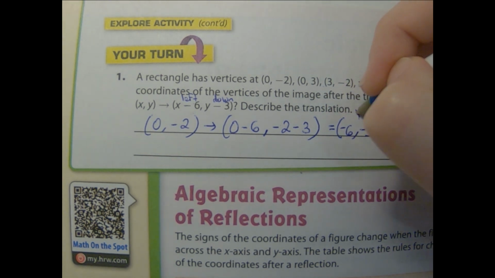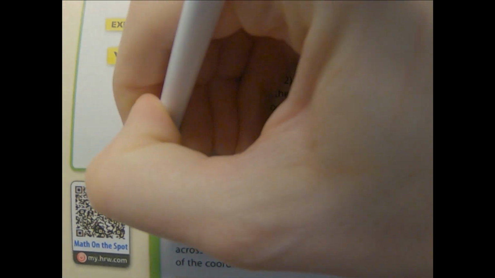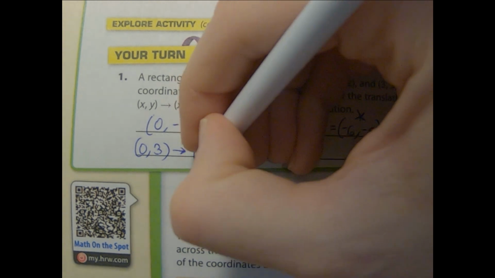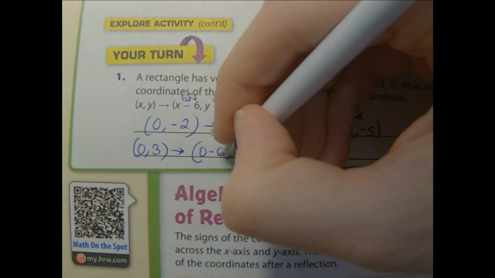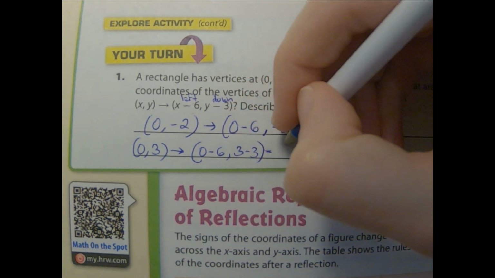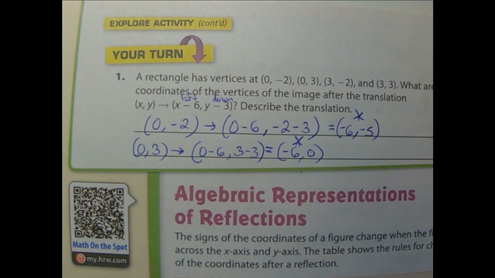Let's do that with other points. For example, (0, 3). (0, 3) is going to have 0 - 6, and 3 - 3, which is going to get us (-6, 0).